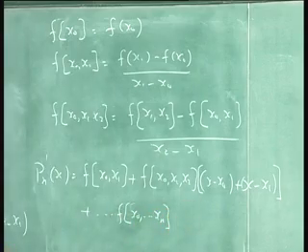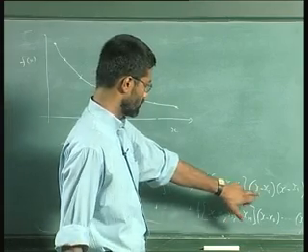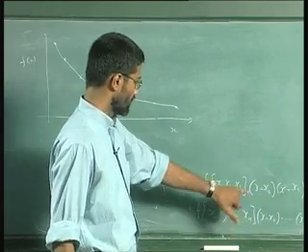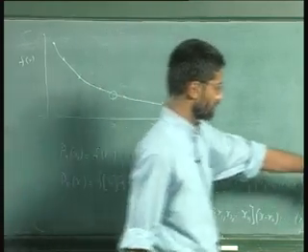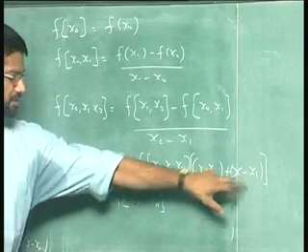Notice that for the second term, the derivative will have two terms: one is x minus x1 and the other is just x minus x0. So you have two terms here, x minus x0 and x minus x1.